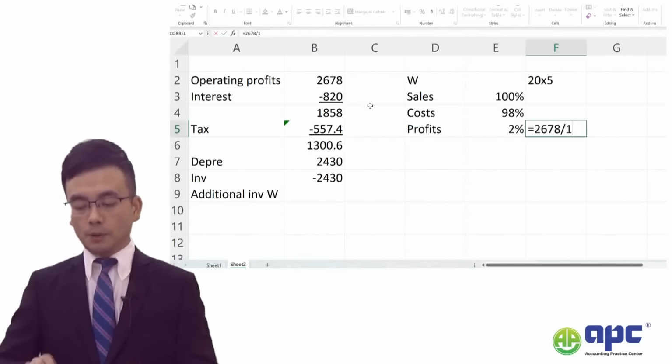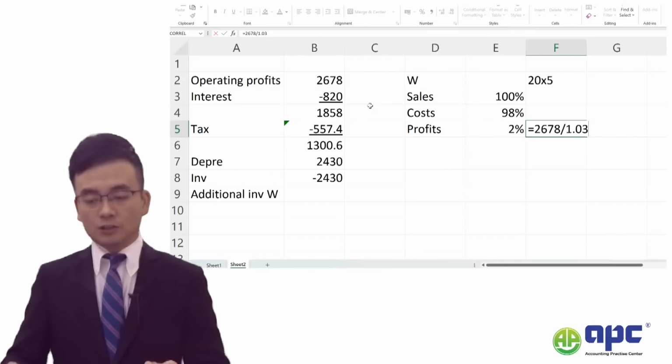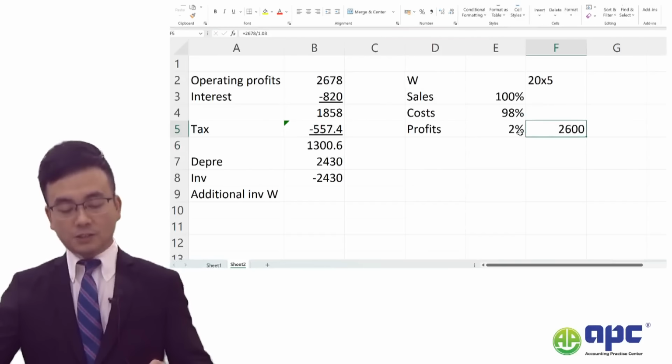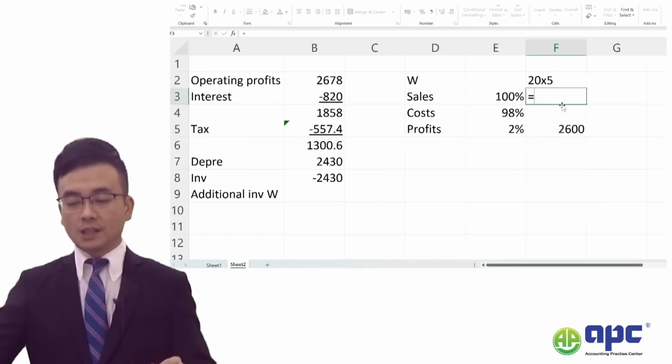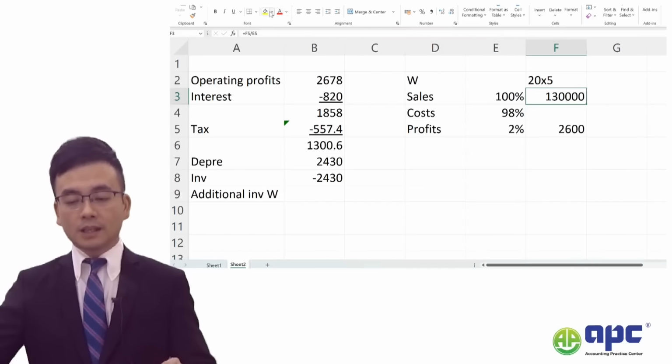So over 1.03, and that will give me the profit last year of 2,600. So 2,600 standing for 2% of profit, but how about for 100%? So you simply take that 2,600 over that 2%, that will give me this value for the total revenue.